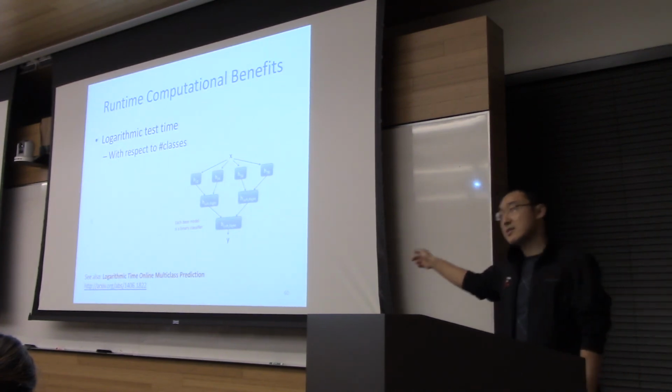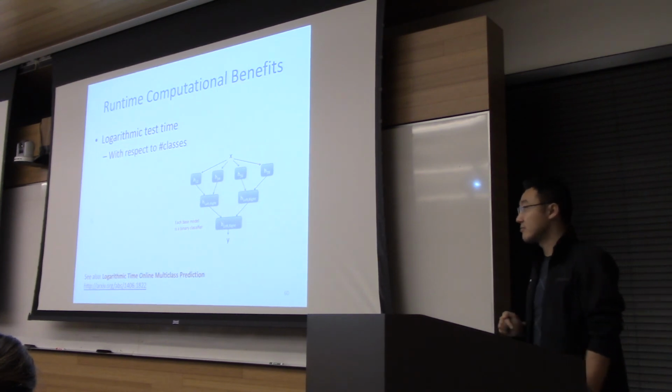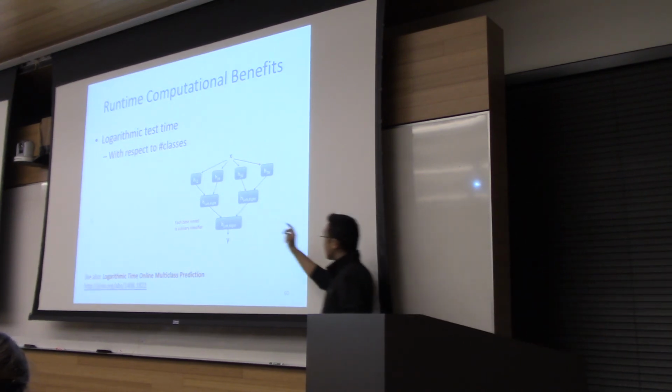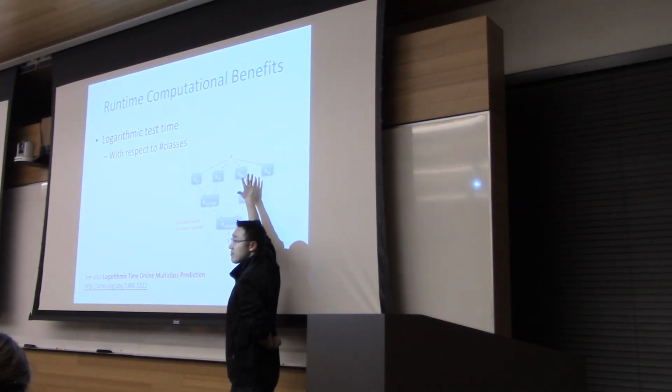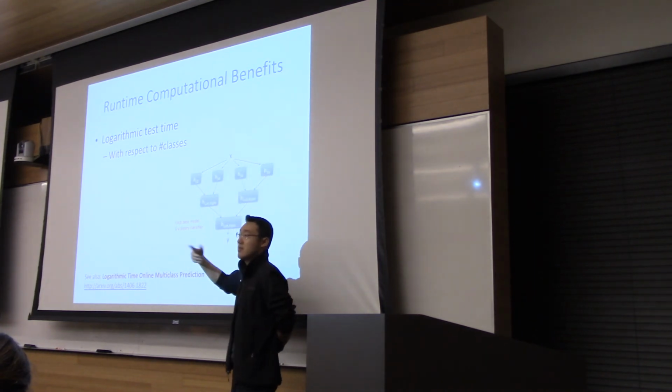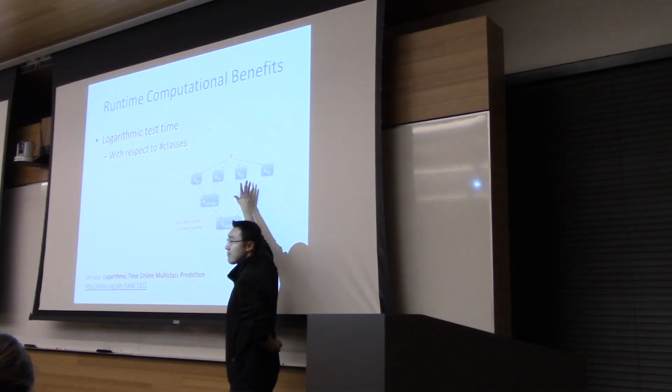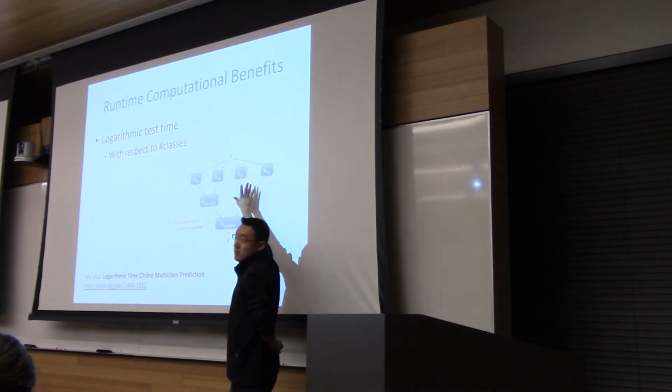Whereas here, at test time, it's logarithmic in 1,000. Because if you call this classifier and this classifier predicts left, you don't need to run any of these other classifiers. The analysis assumes that you have, but in practice, you don't need to.